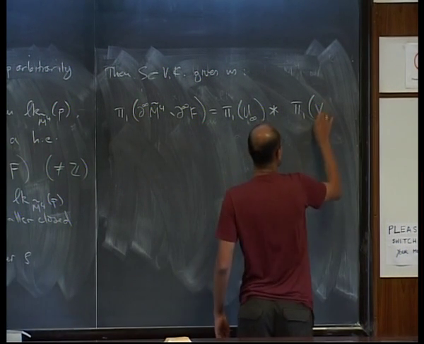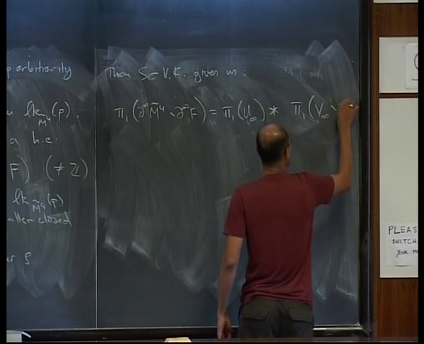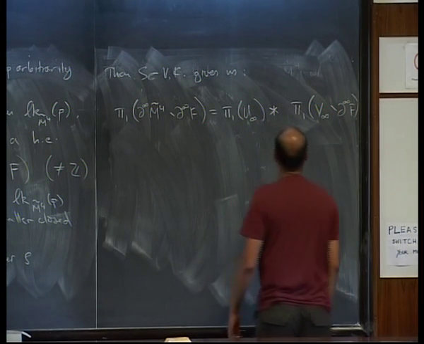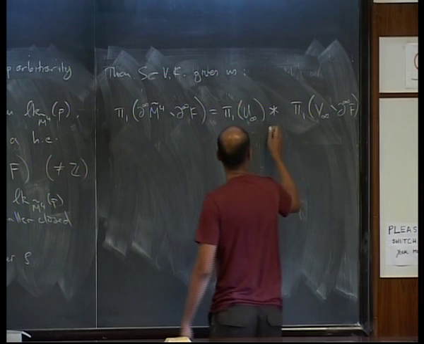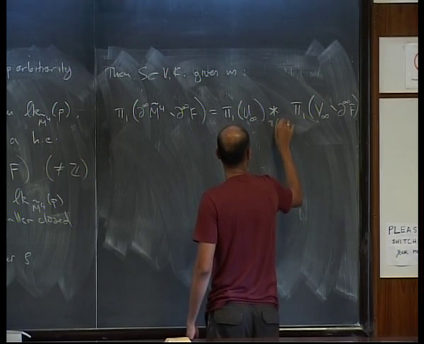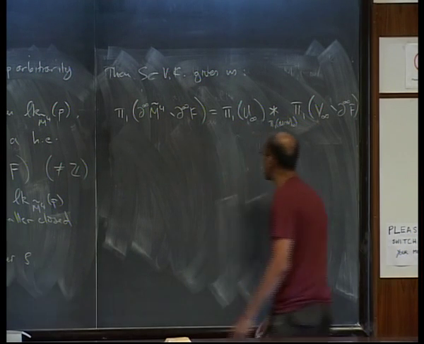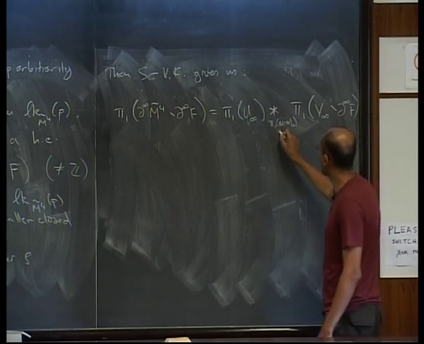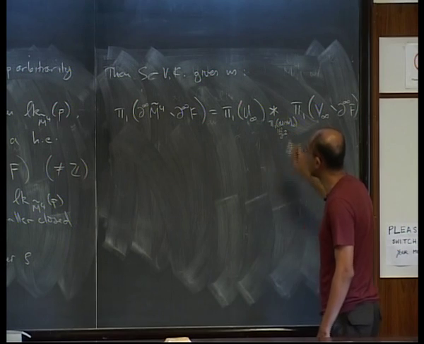This is over pi 1 of U intersect V infinity, which we know is Z squared.